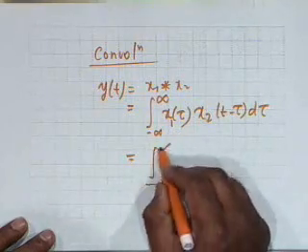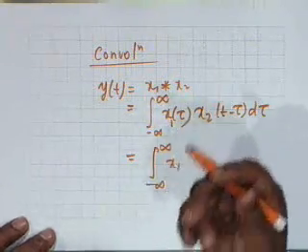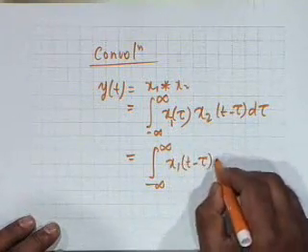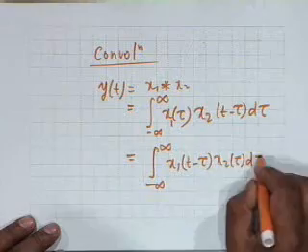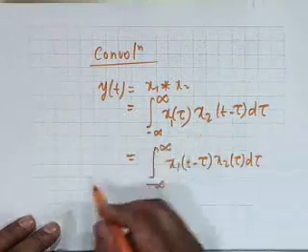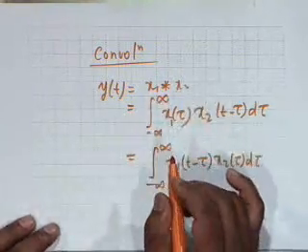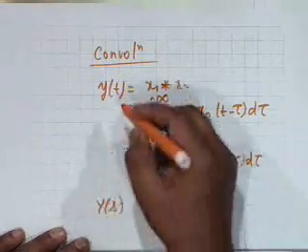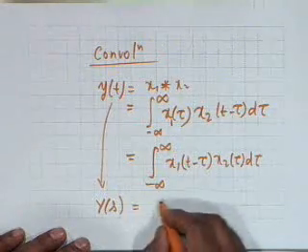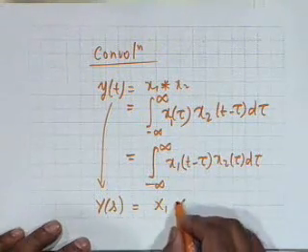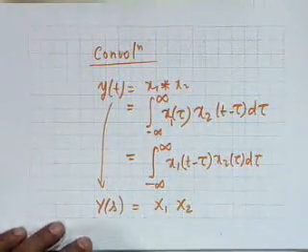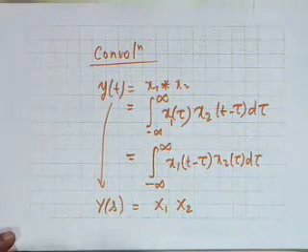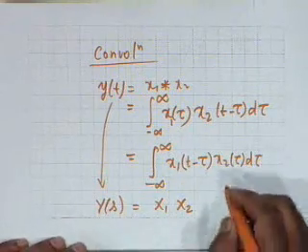Or, just to remind you that there is nothing sacred about delaying x2, we could do that with x1 also. Then, if x1 and x2 are Laplace transformable, capital Y(s), the Laplace transform of y(t), is simply the product X1(s) times X2(s). The proof is exactly similar to that of the Fourier transform.